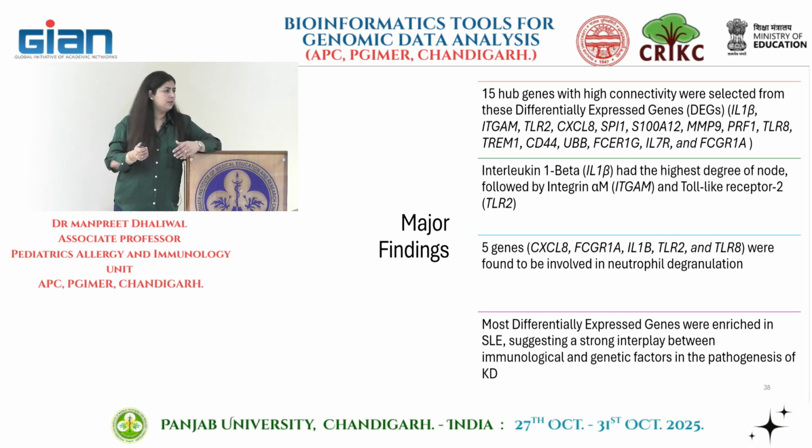So we downloaded data, and we had our own data. We tried to see any commonality between the genes, and we found a couple of good hits. These genes were involved in neutrophil degranulation, and they were highly expressed in patients with Kawasaki disease. This is something that we are following up in our lab.